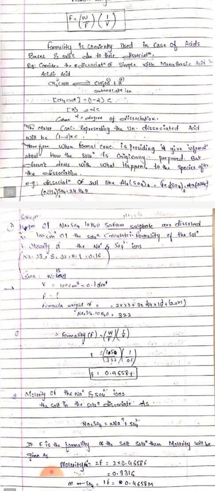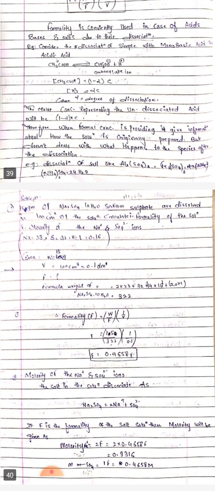See, 50 gram of this particular Na2SO4 10H2O, sodium sulfate, is dissolved in 100 cm3 of the solution. Calculate the formality of the solution, and the molarity of the Na plus and SO4 2 minus ions. Here the atomic masses of Na, sulfur, hydrogen and oxygen are given.